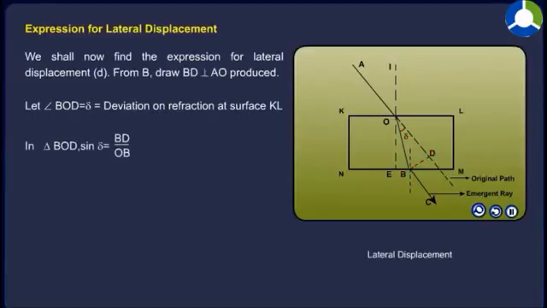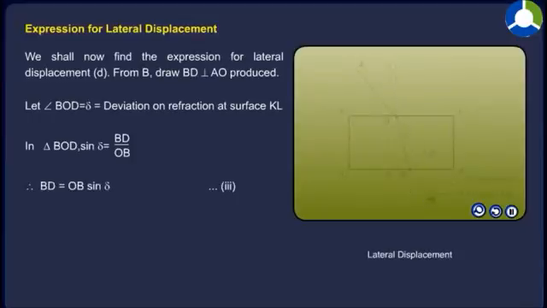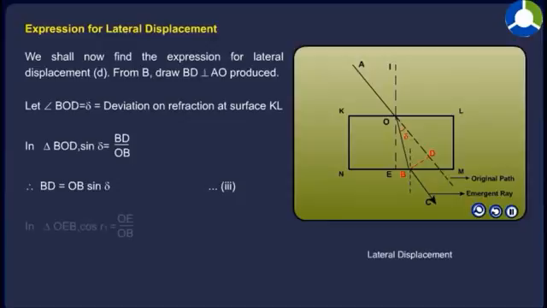In triangle BOD, sin delta is equal to BD upon OB. Therefore, BD is equal to OB sin delta, equation 3. In triangle OEB, cos R1 is equal to OE upon OB.